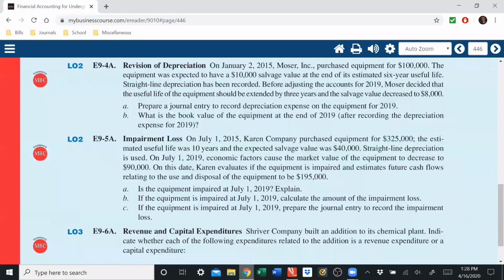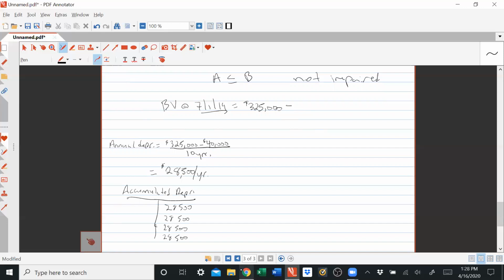The equipment was bought on July 1st, 2015. Maybe I should back up. The 12-month period, July 1st, 2015 through June 30th, 2016, that's the depreciation for that 12-month period. The 12-month period, July 1st, 2016 through June 30th, 2017, that's the depreciation for that 12-month period, and so forth.